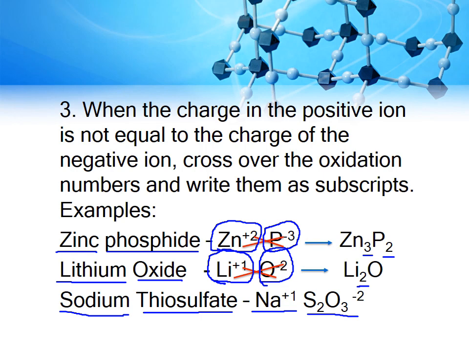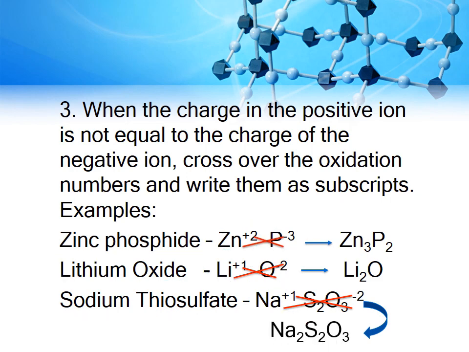Notice again that their oxidation numbers are not equal. So therefore, we will cross over and write them as subscripts. In this case, the correct formula for sodium thiosulfate is Na2S2O3.